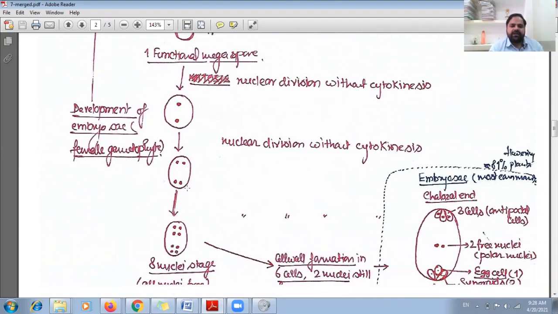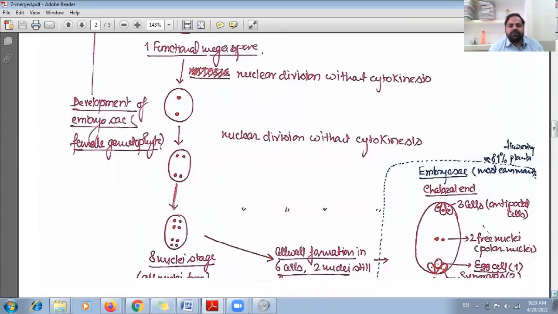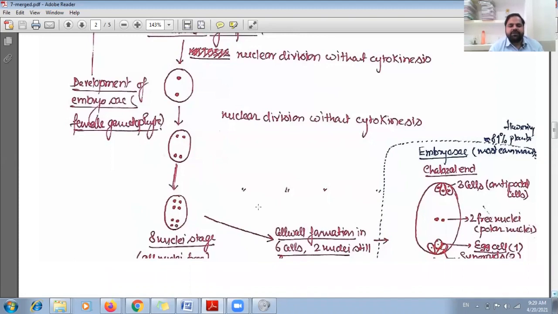Then two nuclei will form four nuclei. After that, again, nuclear division will take place, and a total of 8 nuclei will be formed. So we can see here this single cell is having 8 nuclei. This stage can be called the one cell stage and 8 nuclei stage. What will happen after that?